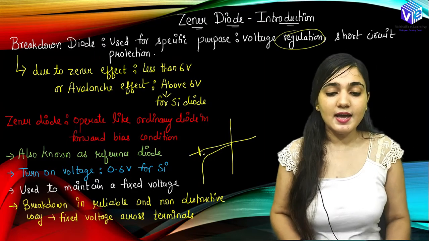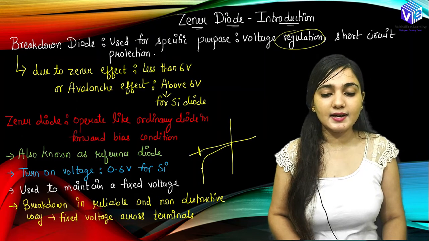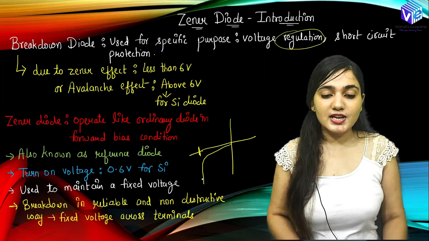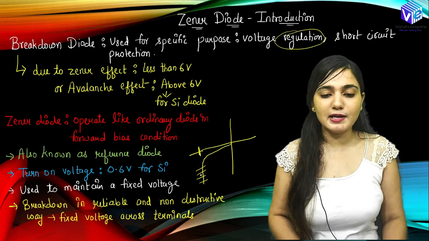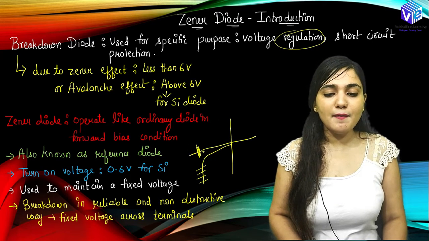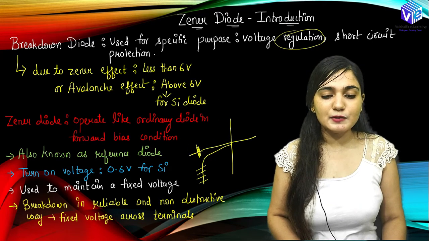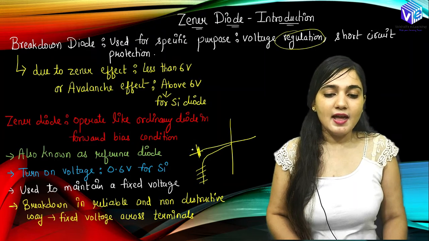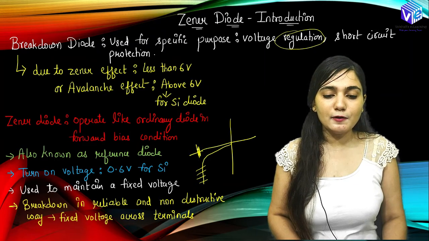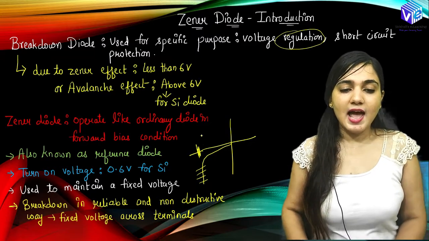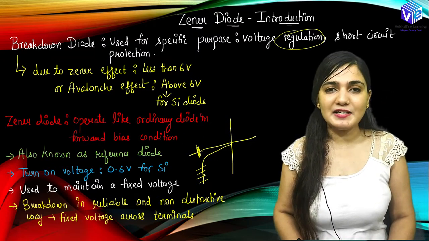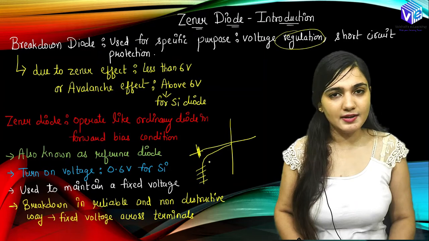You can see here that the current can have any kind of value, but the voltage is fixed over here. So the voltage is not changing. If I operate the device at this voltage and increase the current, my voltage is still not going to increase. And this is the effect that is used in Zener diodes, right?